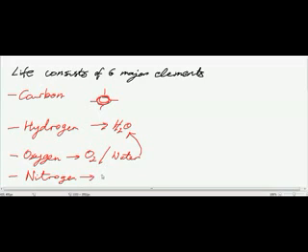So, amino acids, which then build proteins, and organisms.